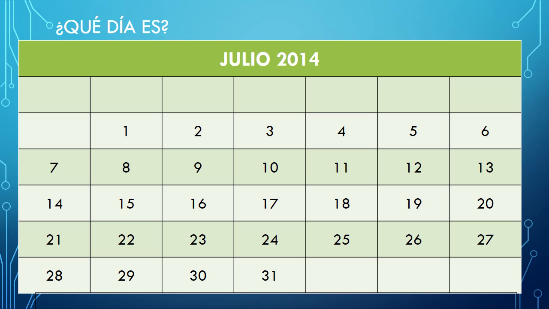Spanish calendars go from Monday to Sunday. I'm going to pick a date, and you're going to tell me the day in Spanish out loud. So I'll say, for example, ¿Qué día es el 10 de julio? The 10th of July is there in the middle. It's the fourth day of the week, which is jueves. So then you would tell me jueves.